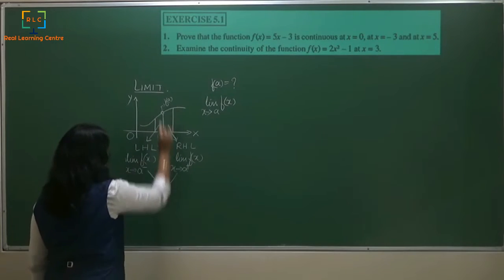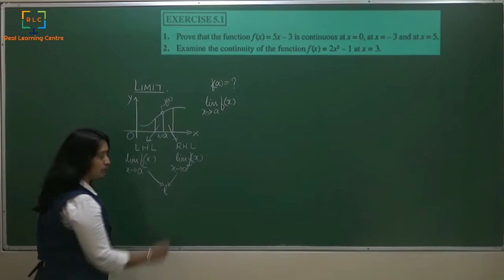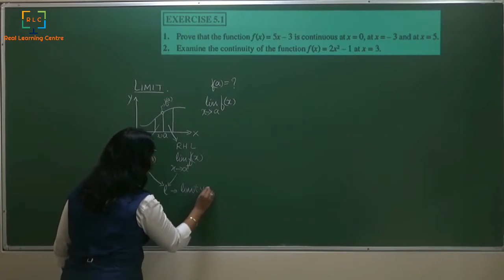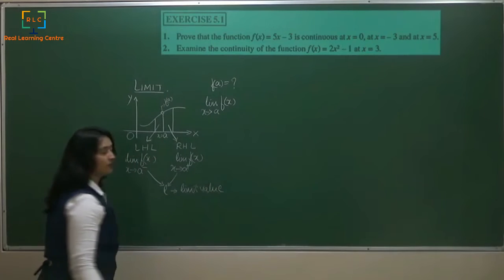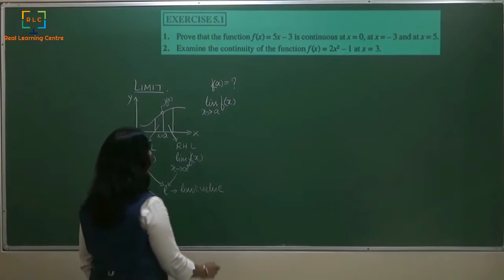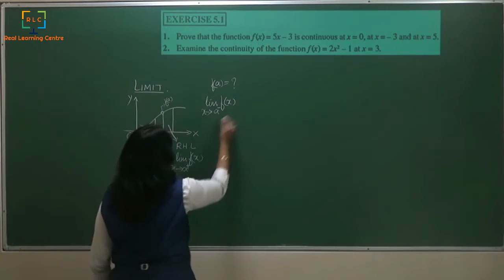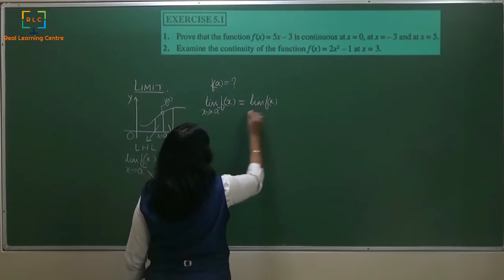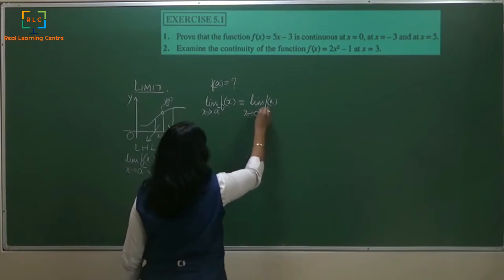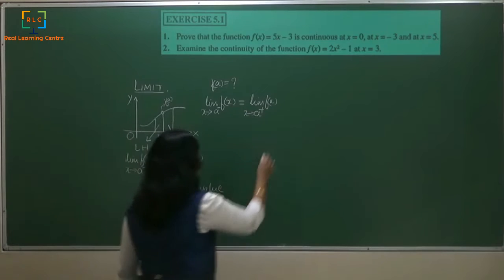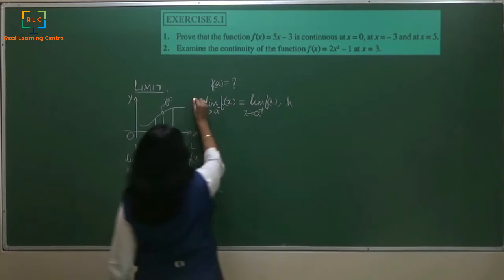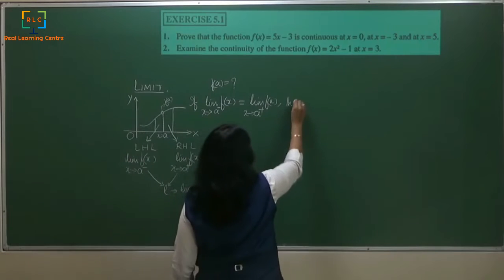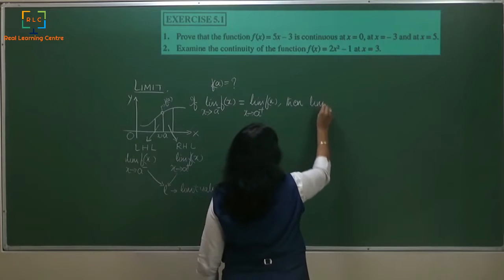So we say f of a is equal to this limit value L. So limit of f of x as x tends to a minus, if it is equal to limit of f of x as x tends to a plus, that is, if LHL is equal to RHL, then we say the limit exists.